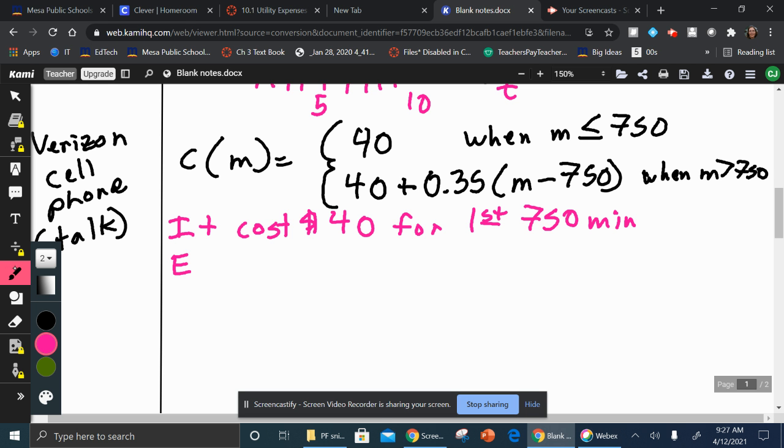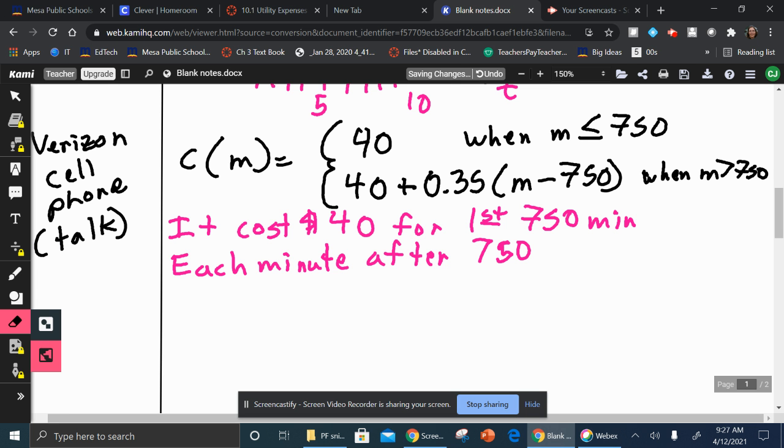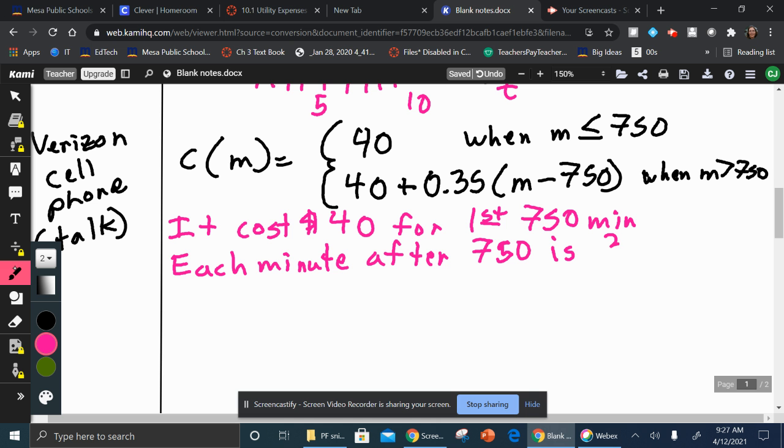Each minute after 750 minutes is 35 cents.